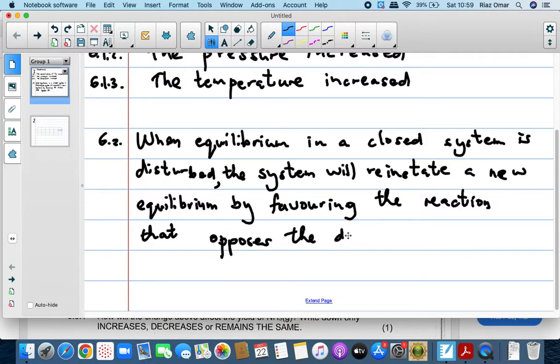The disturbance or the stress. Okay, so that will be 6.2.